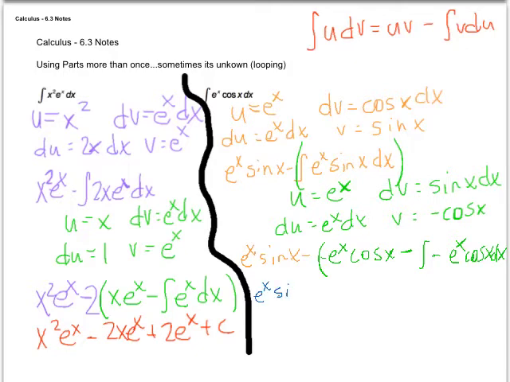I have e to the x sine x plus e to the x cosine x minus the integral of e to the x cosine x dx. Now, check this out.